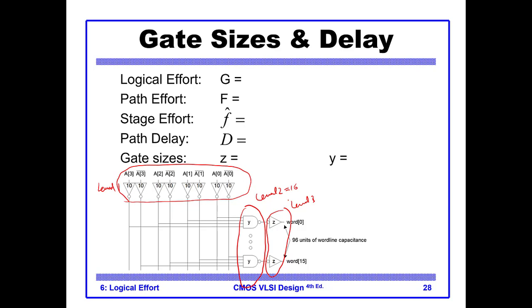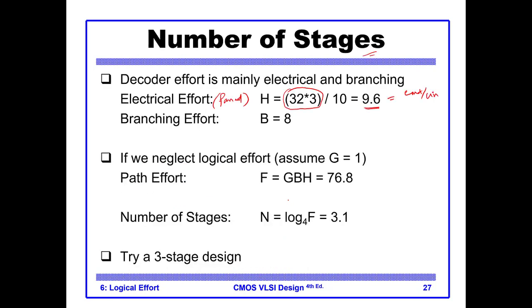Half the inputs are inverted and half the inputs are non-inverted. So half of 16 is 8. So the branching effort is 8.